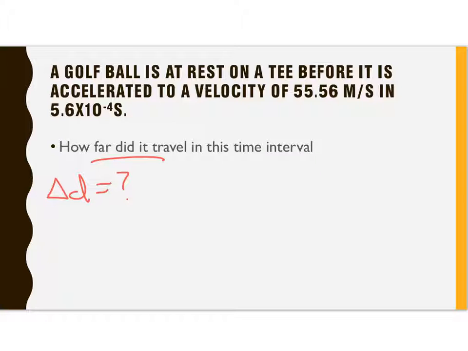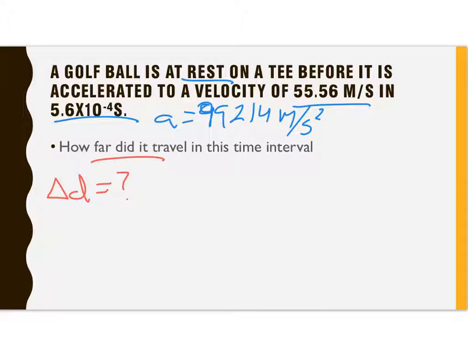Well, this time I know my final velocity, I know my initial velocity, I know my time, and we just calculated our acceleration to be 99,214 meters per second squared.